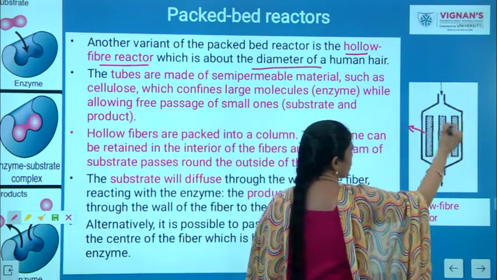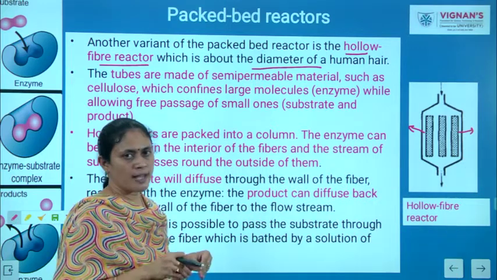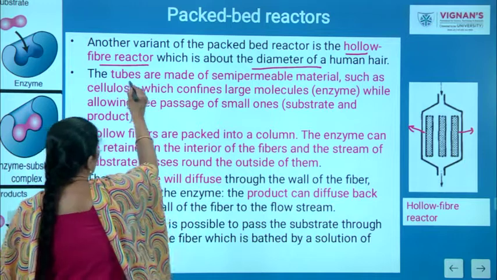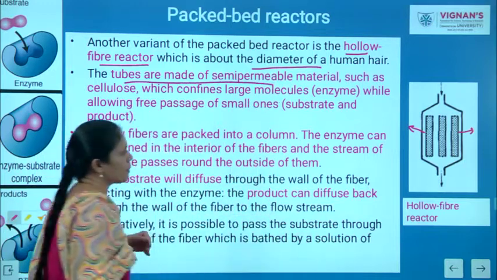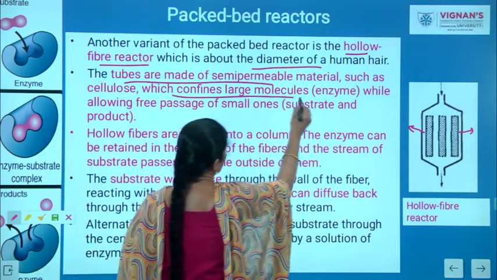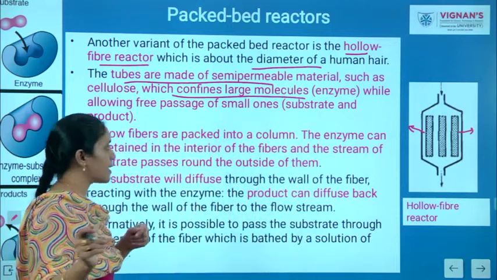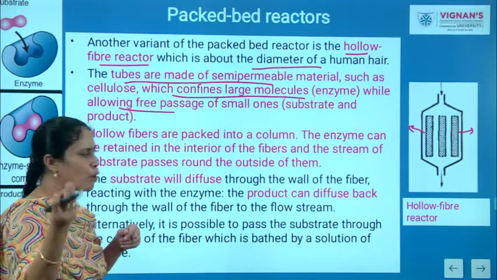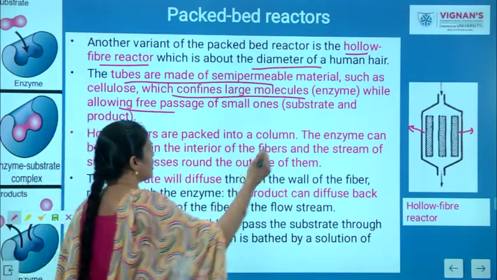These are nothing but your hollow tubes. The tubes are made of semi-permeable material such as cellulose and these confine the larger molecules of your enzymes while allowing only the free passage of smaller molecules such as your substrate.